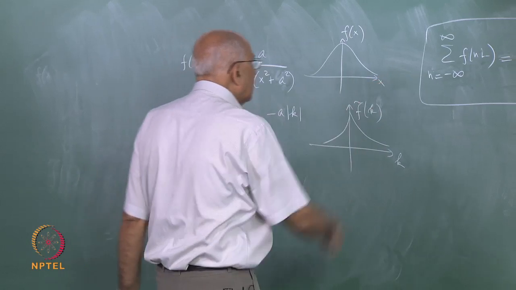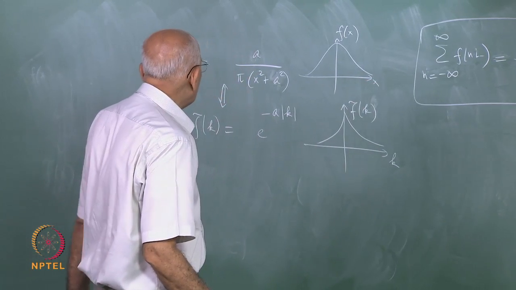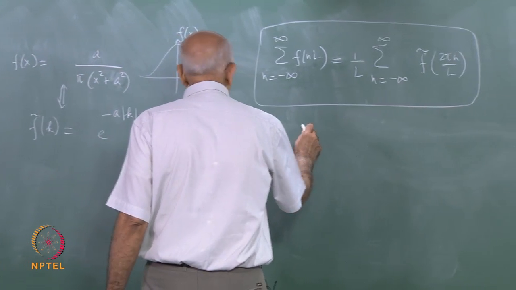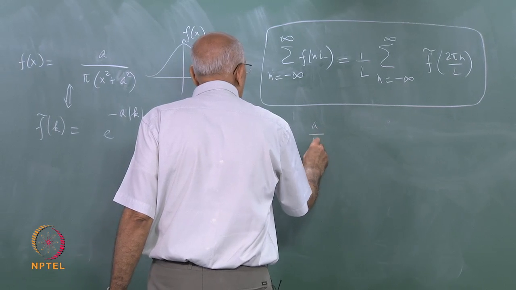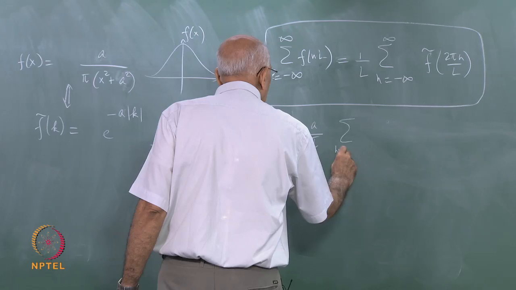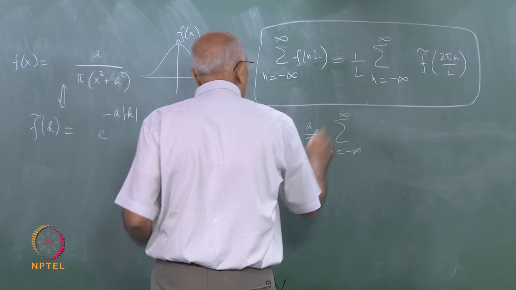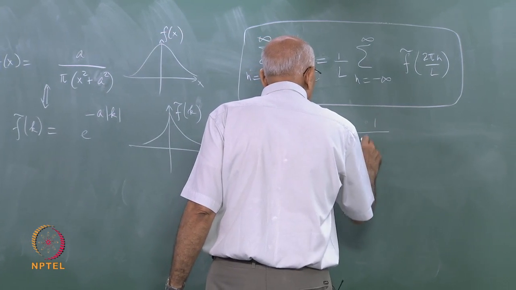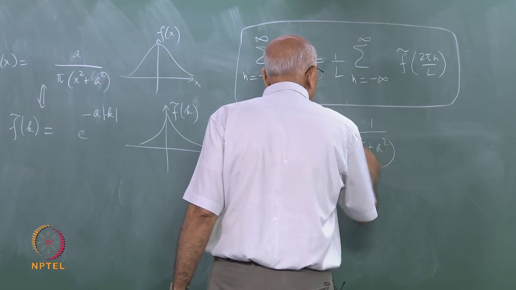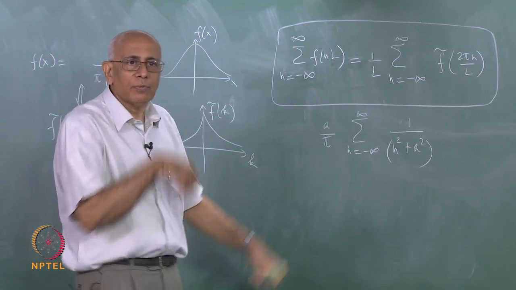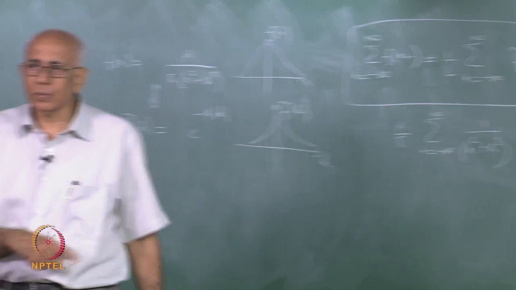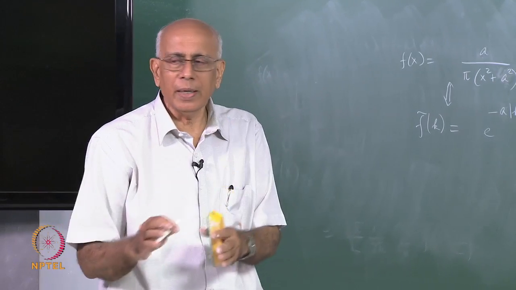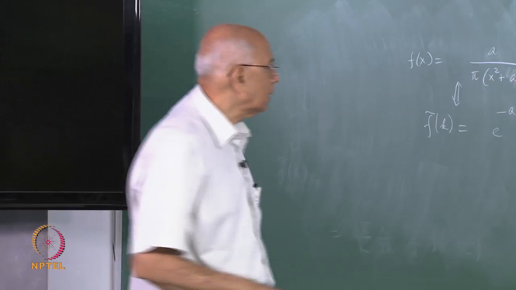So let us plug that in there. Let us put n equal to 1 for instance, and then this says a over pi summation n equal to minus infinity to infinity f of n, so that is 1 over n squared plus a squared. Recall we had already found the sum here. This gave you the Langevin function, it was pi over 2a coth pi a minus 1 over pi a or something like that.